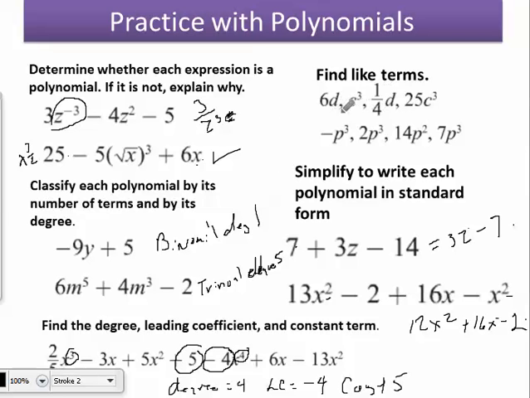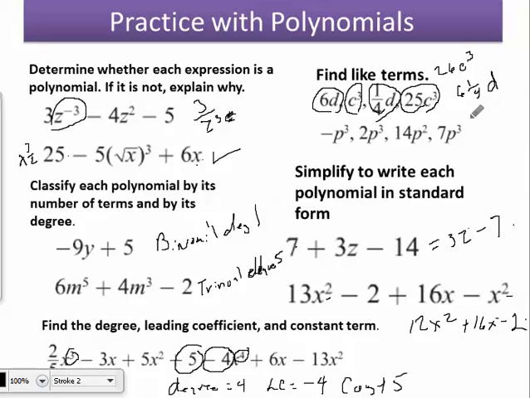So, looking at this equation up here, it says find the like terms. Well, I see a c cubed and a 25c cubed. So that's going to be 26c cubed. I see a d, a 6, and a 1/4 d. That's going to give me 6 1/4 d.